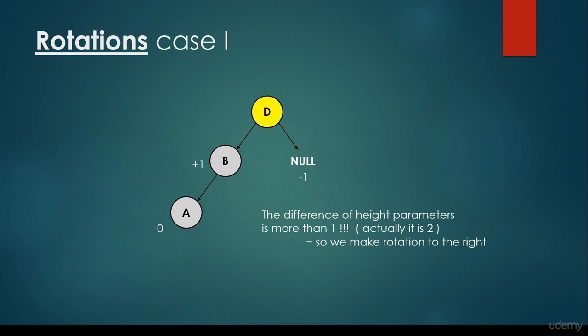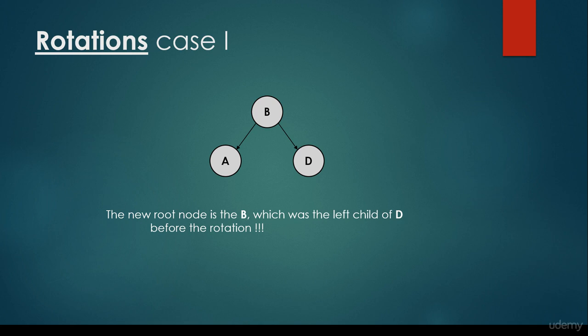Okay, so the D has a left subtree with height parameter +1 and the right subtree, okay, it is a single null pointer, but whatever, it has the height parameter -1. The difference of the height parameters is more than 1, actually it is 2, so we have to make rotations to the right. And we just have to rotate it to the right.